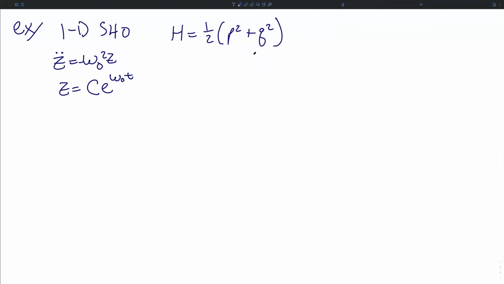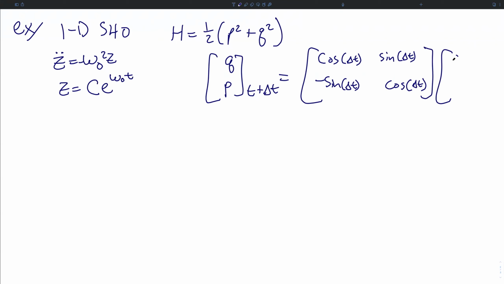If you work out the Hamiltonian version of the solution, what you will find is that we can write the propagation of the state composed of our coordinate and momentum, (q, p) at time t plus delta t, as equal to the linear system given by [cosine, sine; negative sine, cosine] times that same state (q, p) at time t.